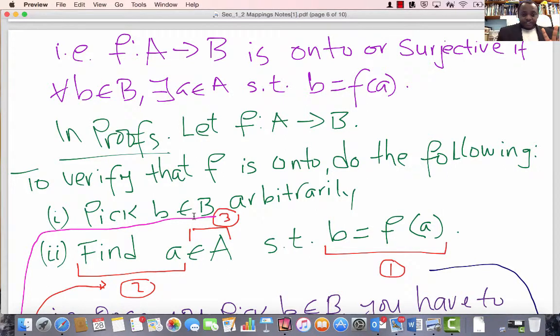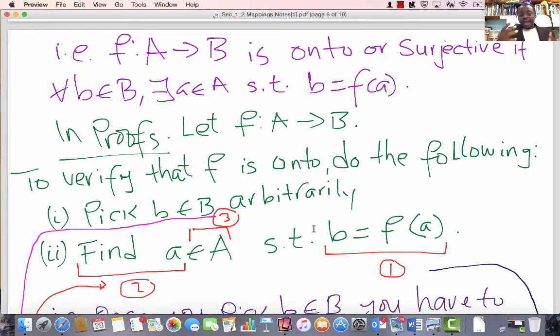Then we do three things. We find a that has to sit in the set A and must fulfill the condition that b equals f of a. Three different things that we must verify before we can conclude that f is onto.